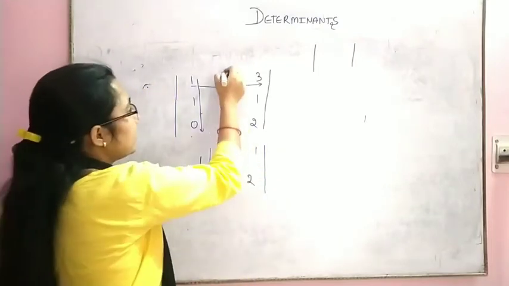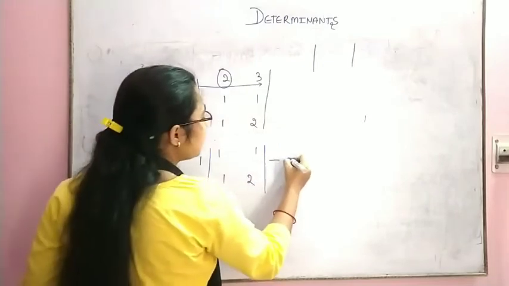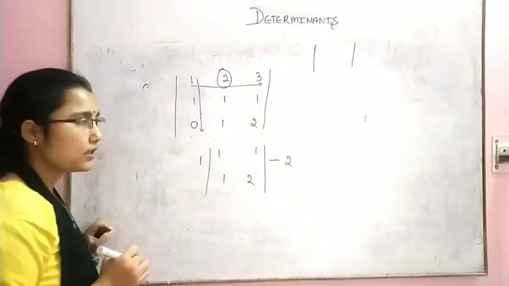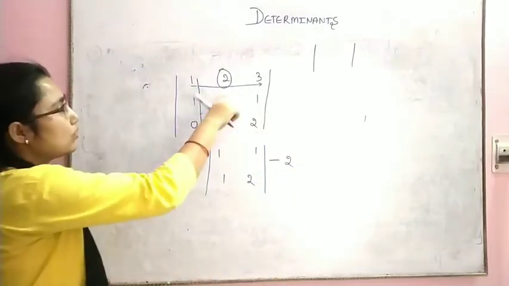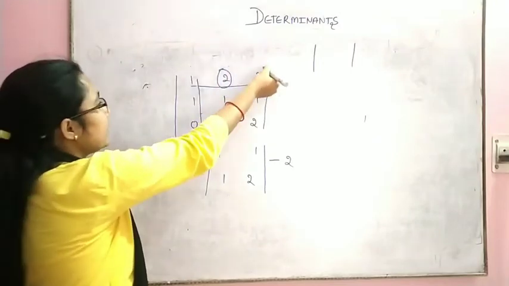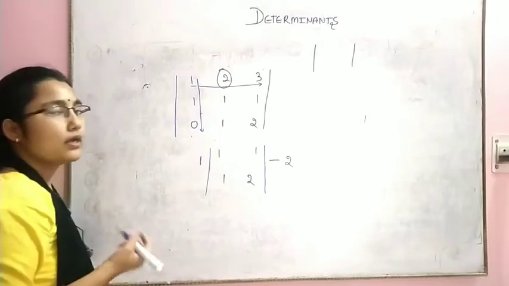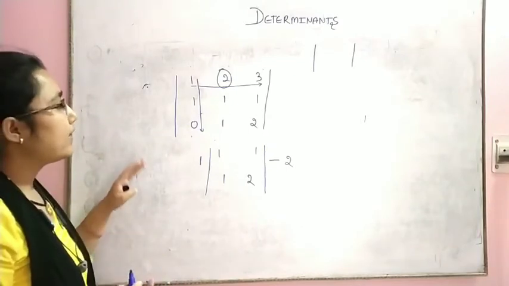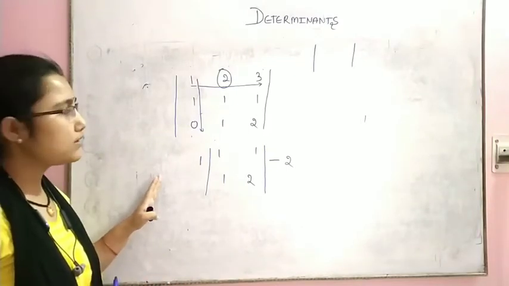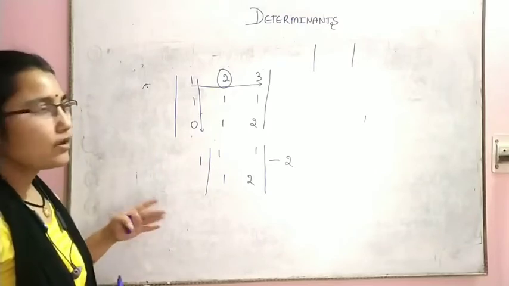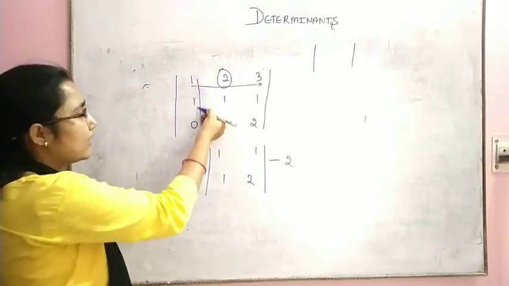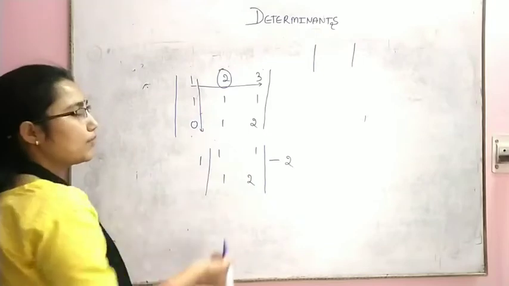And now write down the second element with a subtraction sign. As we go along the first row, this is positive, then take negative and then positive. Similarly, if we want to find out the value of this determinant with the help of the first column, we use positive, negative and then positive.